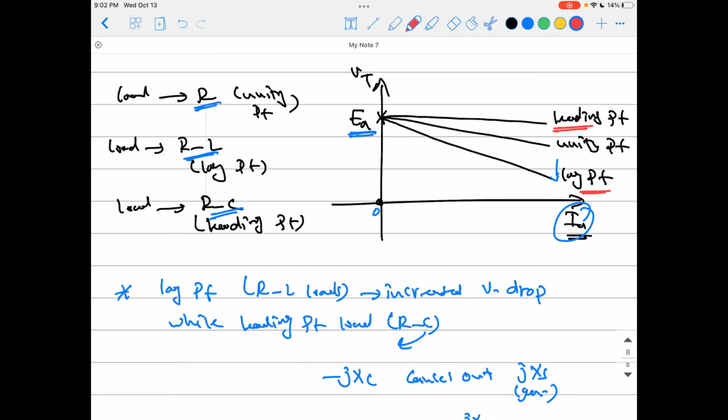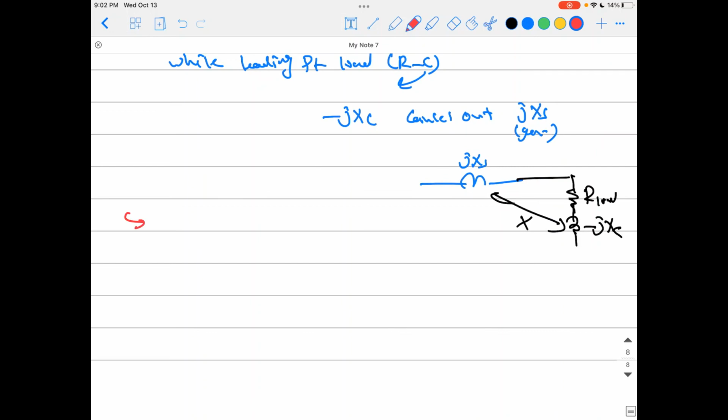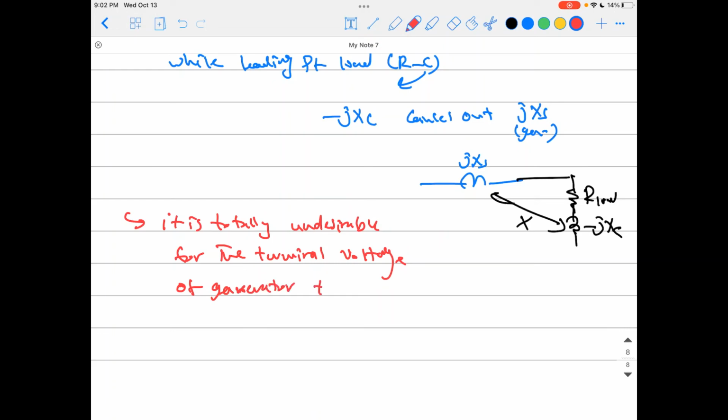But unfortunately, most of our loads are lagging power factor loads. So we have to know this. It is totally undesirable for the terminal voltage of the generator to change, most of the time decay, with load increase.